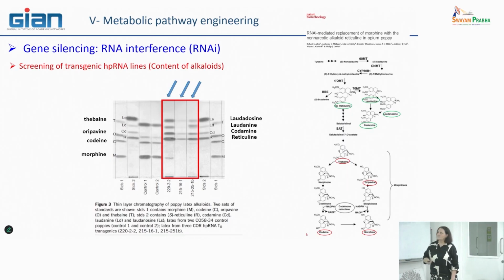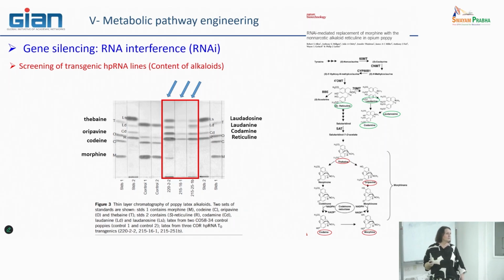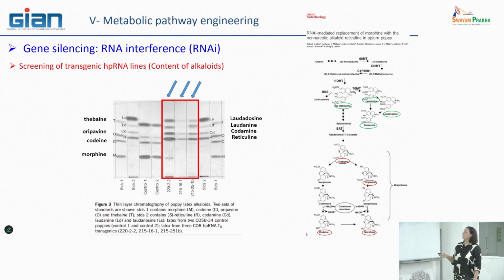And after that, they made several experiments. Here, for example, I show you only what happens concerning the alkaloid contents of the plants that have been targeted for all of these specific enzymes. You can see here there are 2 distinct parts in the metabolic pathway.